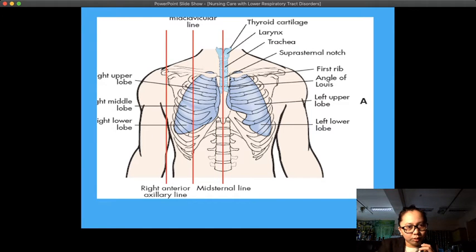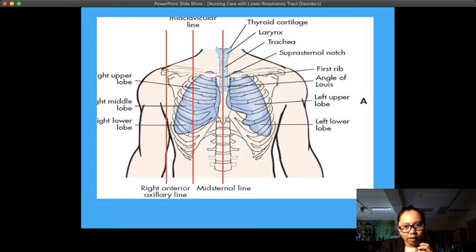Okay, so this is the midclavicular line. Okay, and then right anterior axillary line near your axilla, and then mid-sternal line. Okay, in the middle. Okay, so the mid-clavicular is near your clavicle.